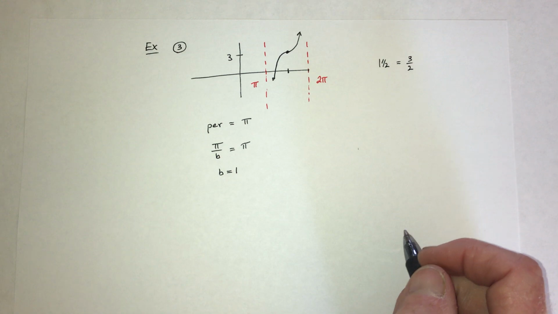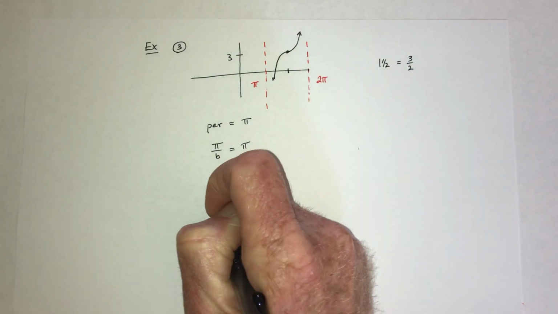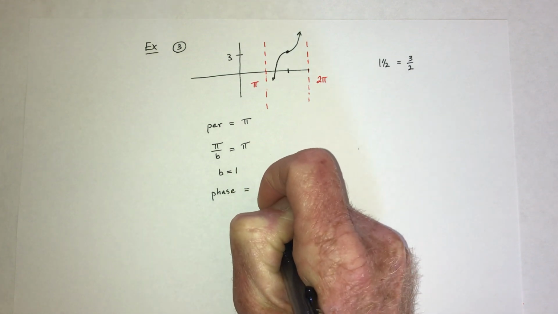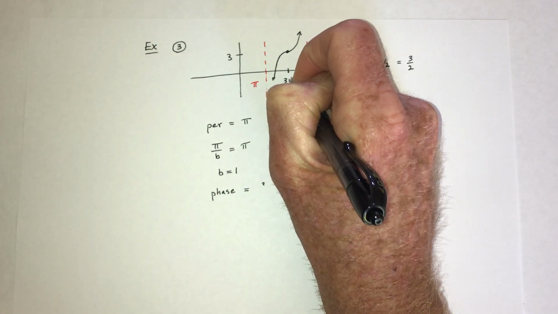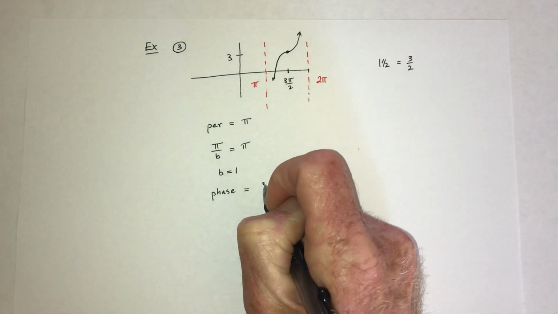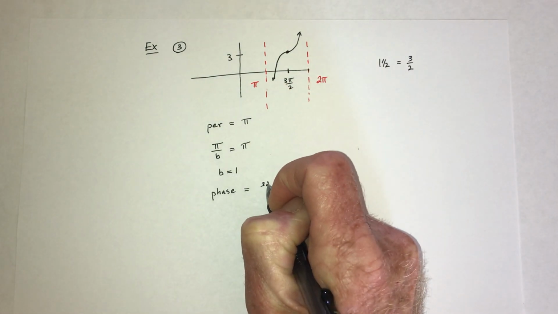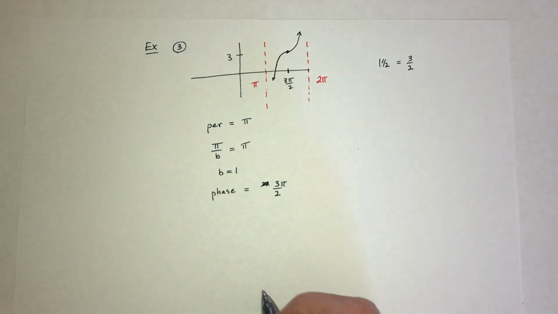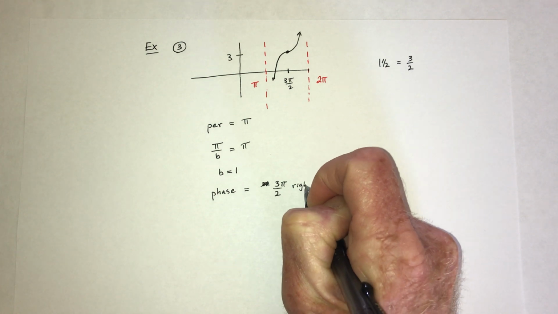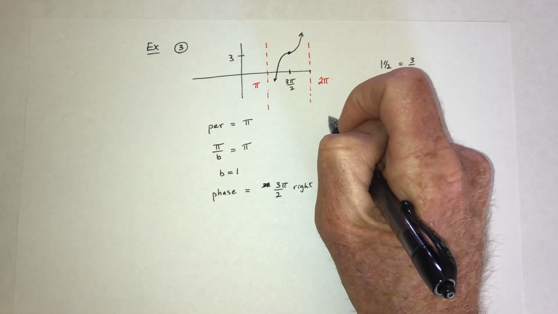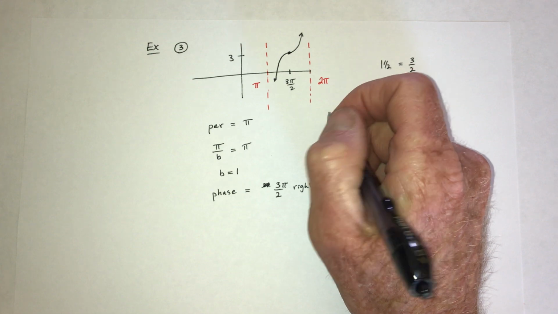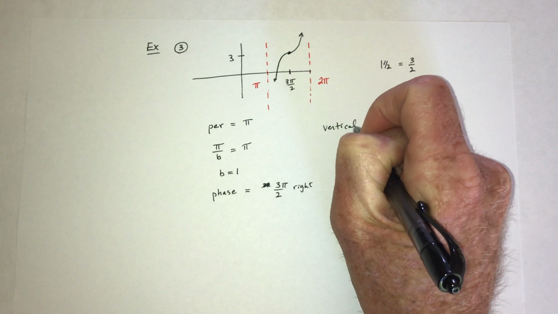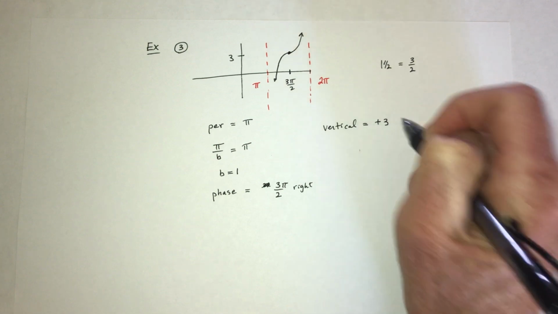So that means that the phase shift is equal to 3/2 pi, and it was to the right. And then amplitude doesn't apply, but this has a vertical shift that it got shifted up by 3.